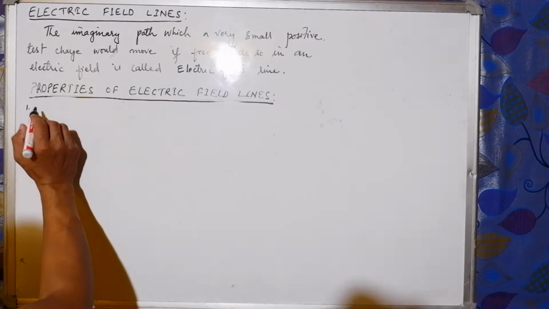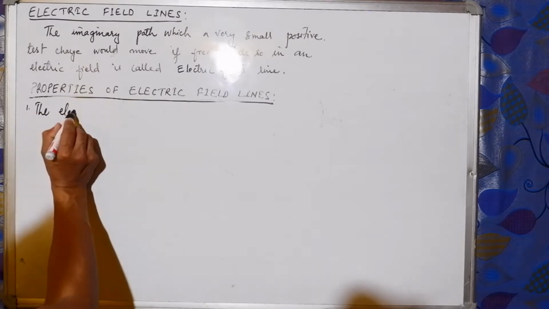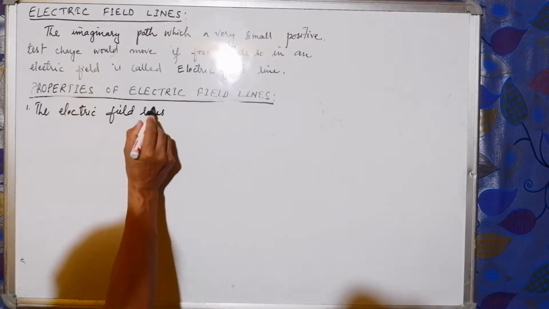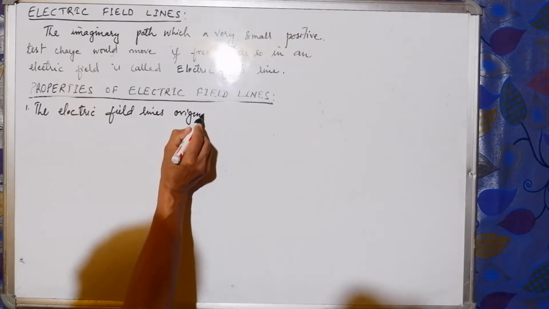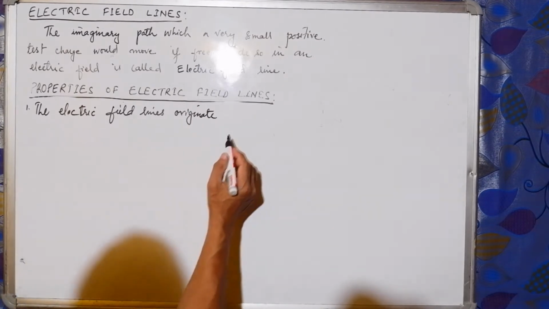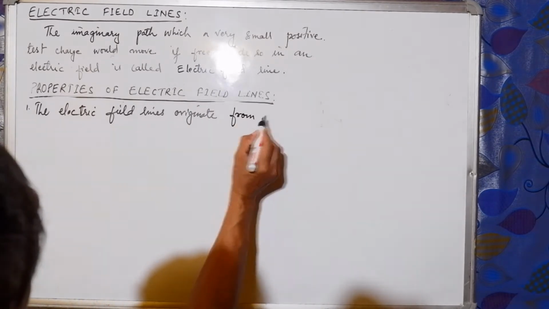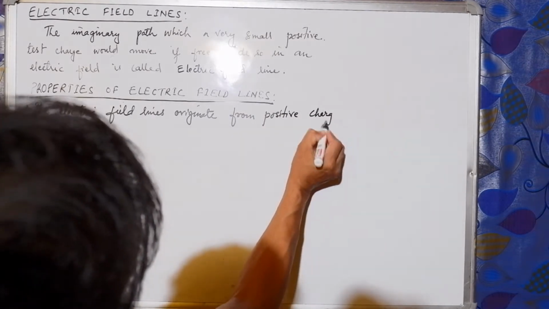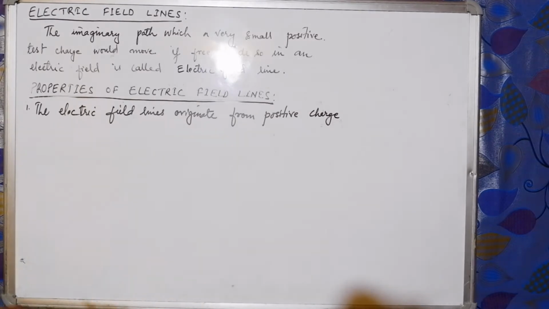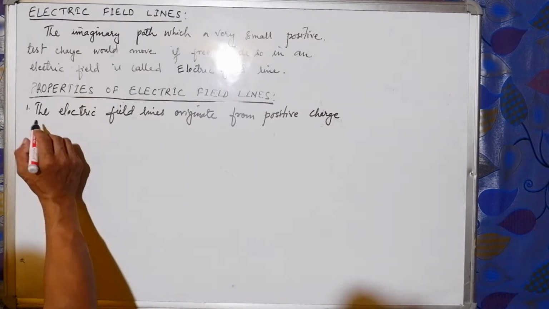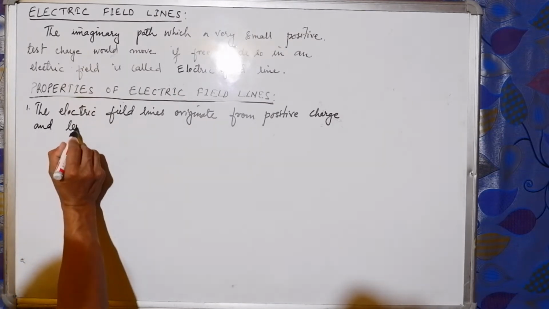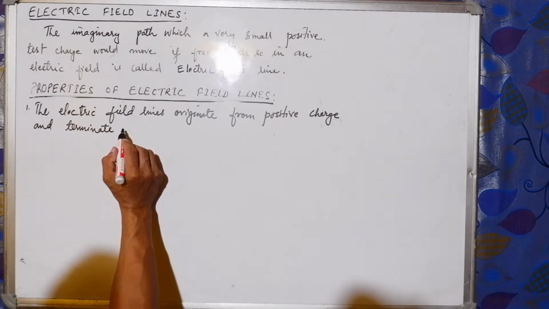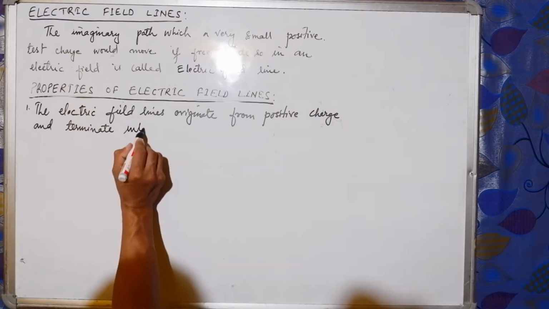The electric field lines originate from positive charge and terminate at the negative charge, or into a negative charge.